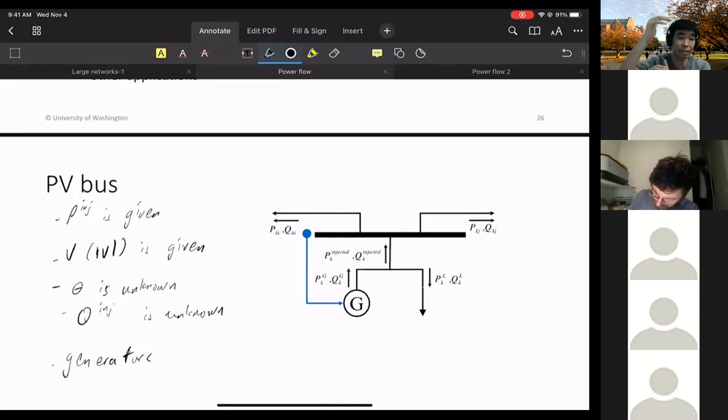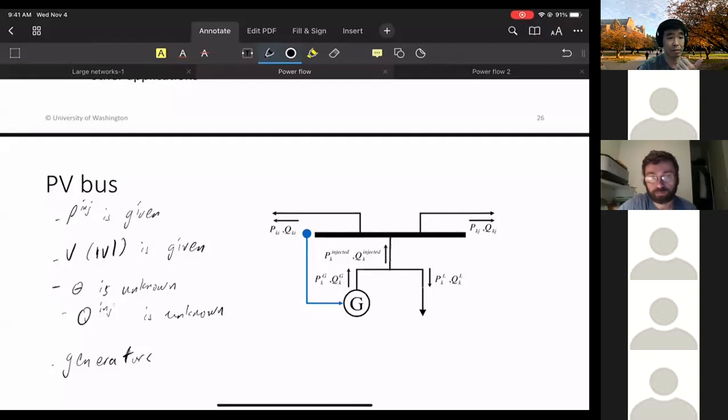The reason it's not given is the generator itself doesn't control it, but it still has to lie within some range. So the generator specifies P and voltage level. Then you solve the equations to figure out Q, and then check whether you're operating in the correct range or not.